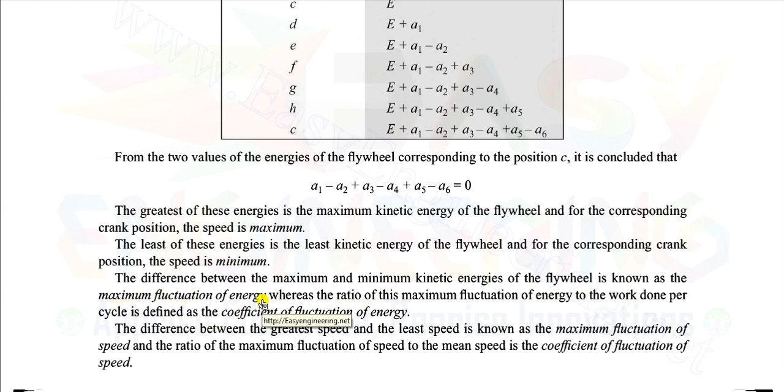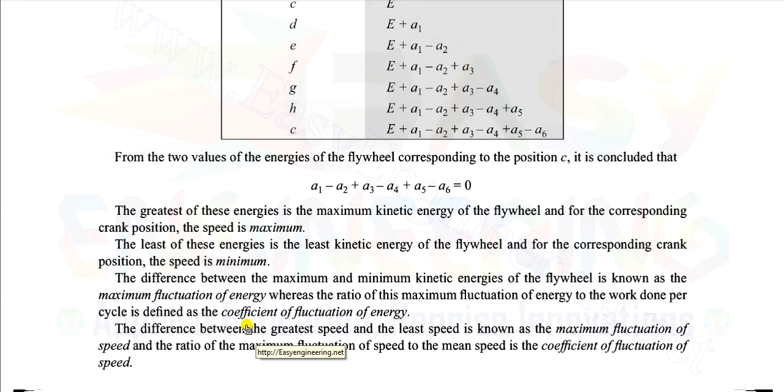Earlier we defined the maximum fluctuation of speed. What was that? The greatest of the maximum speeds minus the least of the minimum speeds. Now you have another fluctuation, which is in terms of energy.